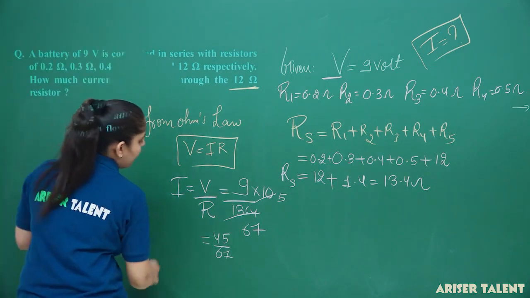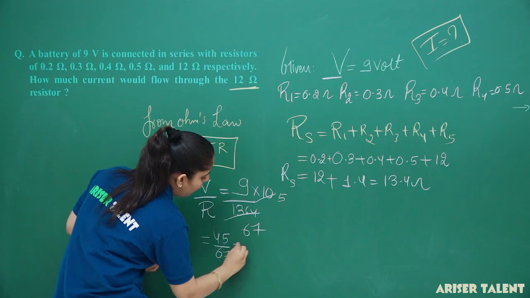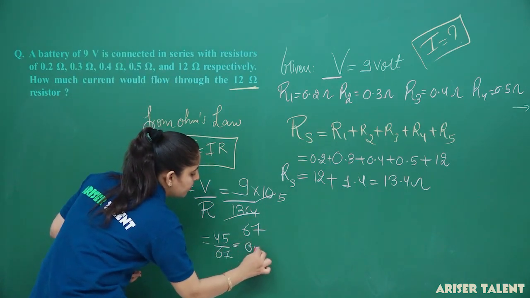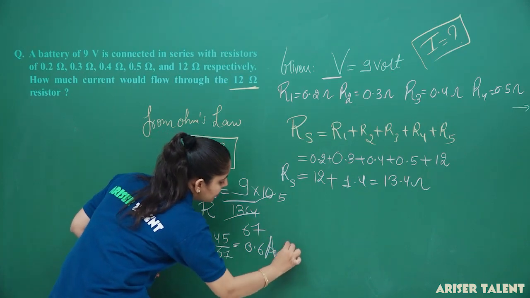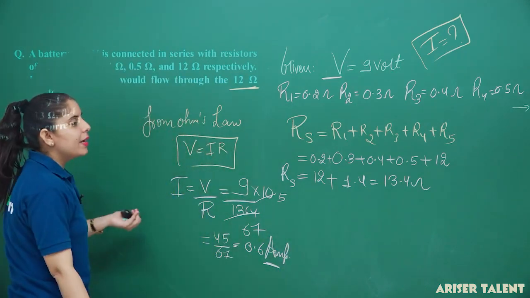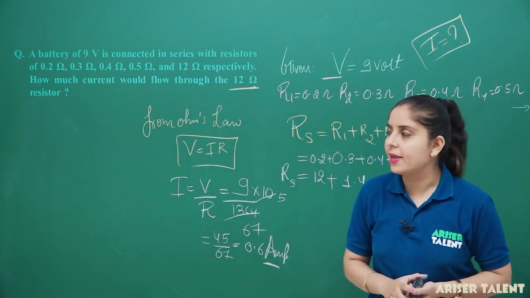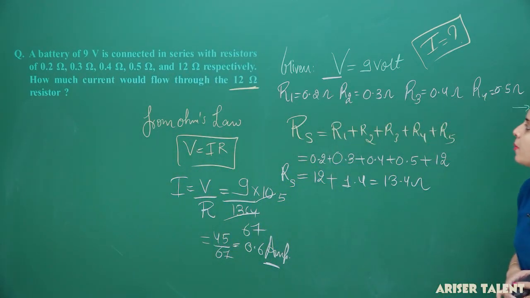So the value of the current that I am getting here is approximately 0.6 ampere. Again, this is a question from your NCERT which is based on Ohm's law. Just copy this solution from here so we can proceed to our next problem.